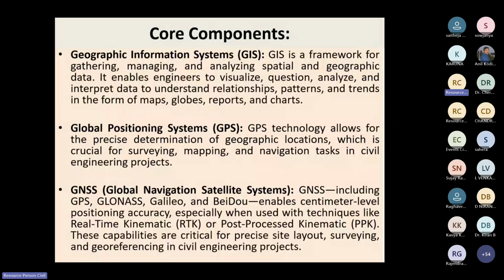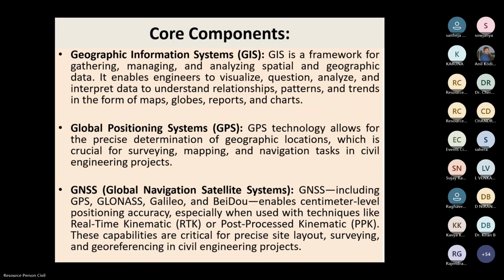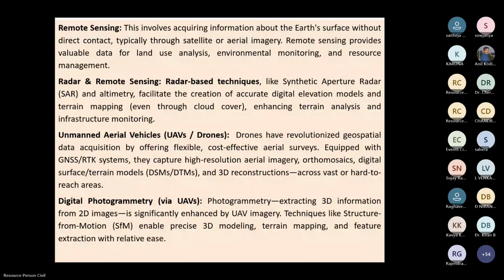One is geographical information system, global positioning system, global navigation satellite systems, remote sensing, radar data, unmanned aerial vehicle, and digital photogrammetry. These are the core of our geoinformatics subject or geospatial technology, if you consider.